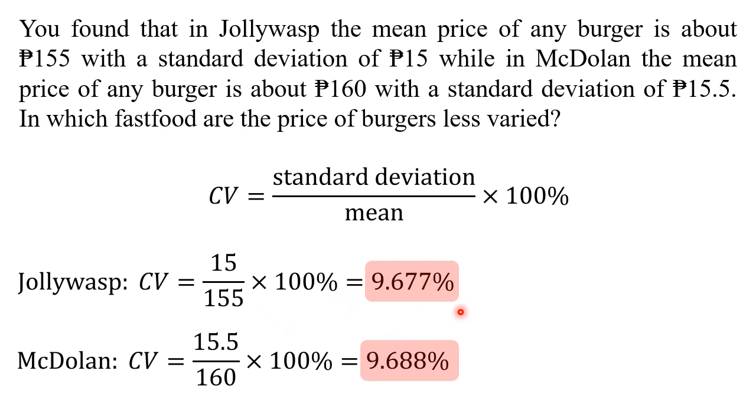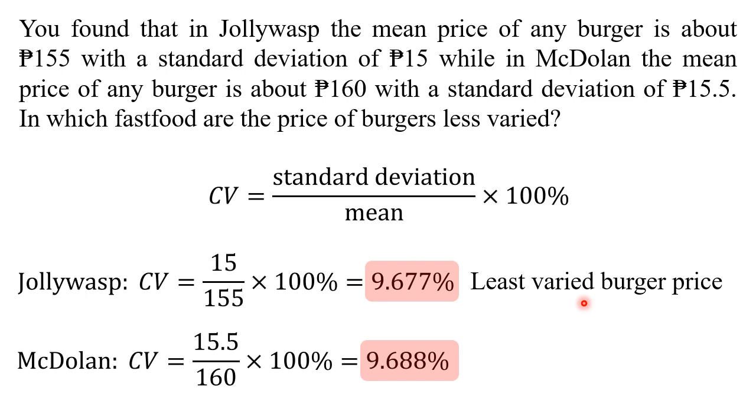So we can see here it is very, very close, class, that 9.677% in Jolly Wasp is the coefficient of variation, while in McDonald's, the coefficient of variation is about 9.688%. So very, very close. But still, we could say now that Jolly Wasp has the least varied burger prices.